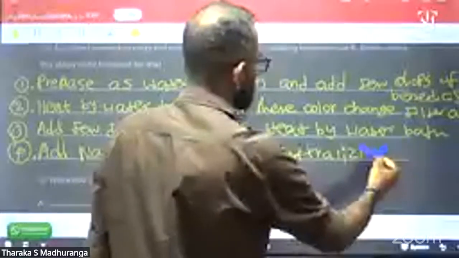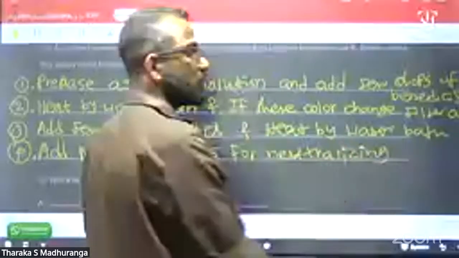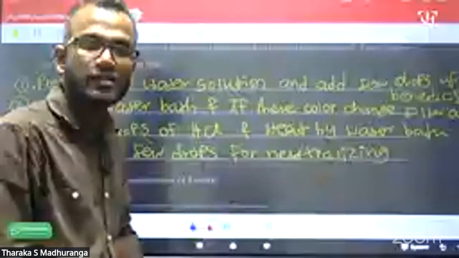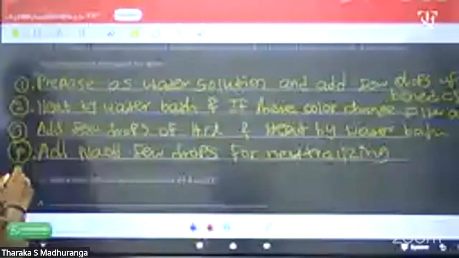It's another main step. What is the purpose? Neutralizing is required because Benedict's solution only reacts with neutral solutions. With HCl it will be acidic, its pH getting very low. So we add a few drops of sodium hydroxide and neutralize the solution.